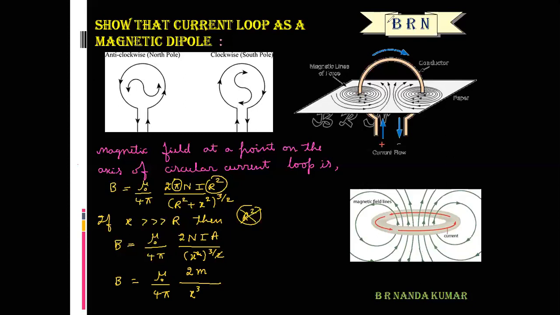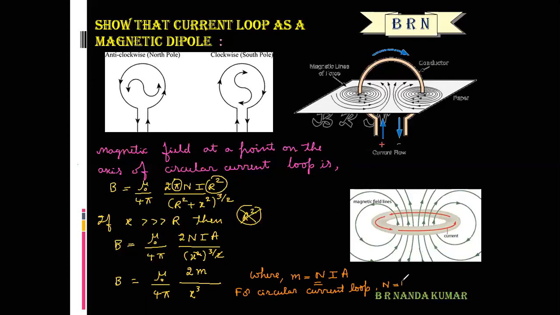Where M is equal to N I A. Actually N means number of turns. So here just one turn is there, circular current loop having only one turn. So for circular current loop, what is the value of n?